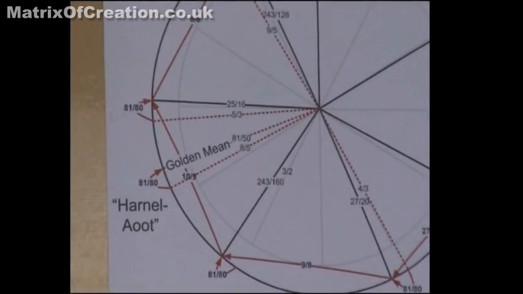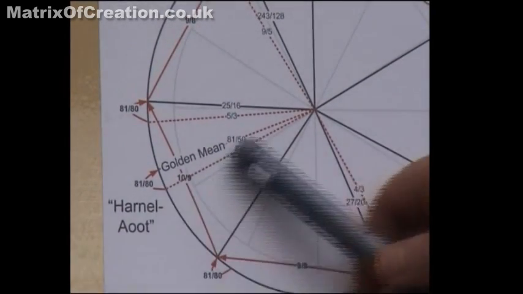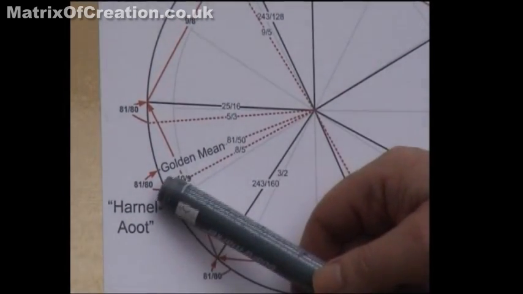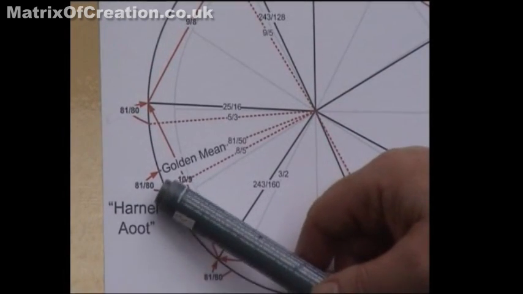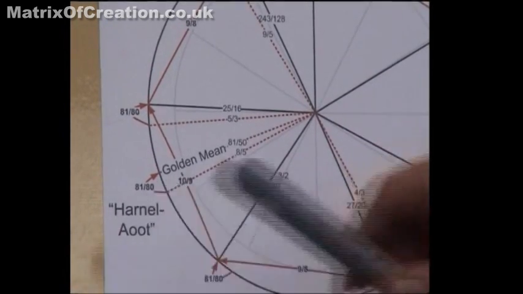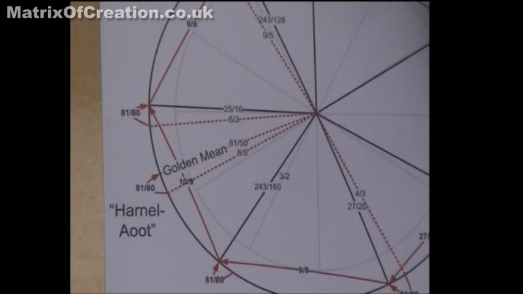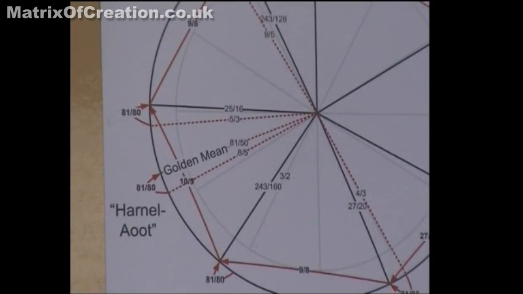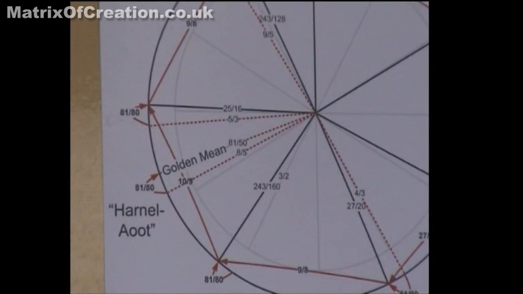Now that's a very, very small amount, but what it does is it prevents the middle of this interval having a note which we would recognise of 8 over 5 as a ratio relative to the beginning. And that ratio is found in the planet Venus, and it's a Fibonacci ratio.